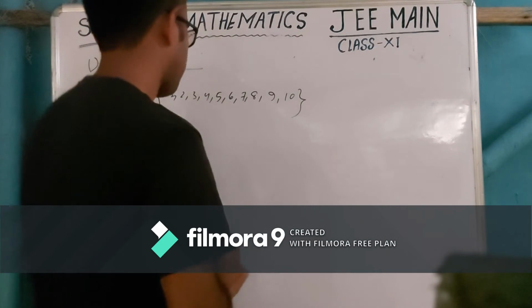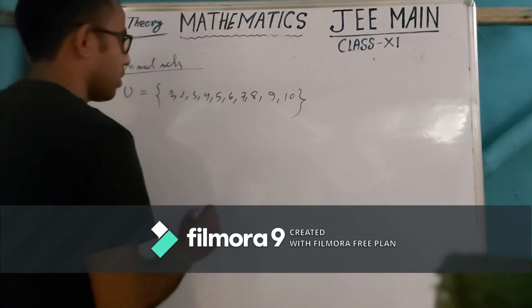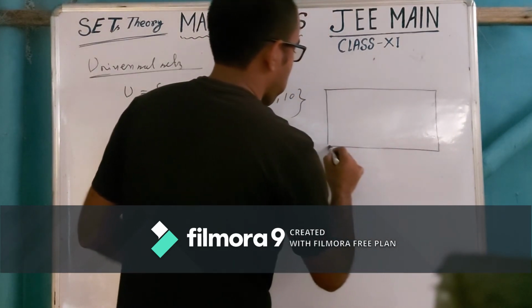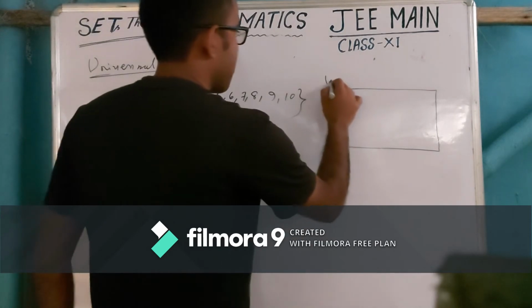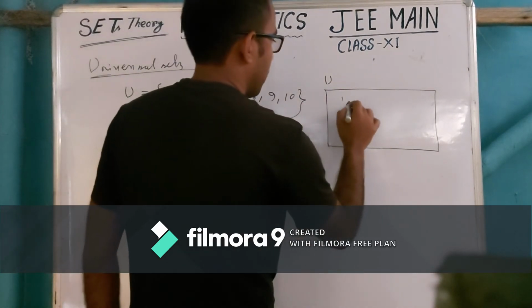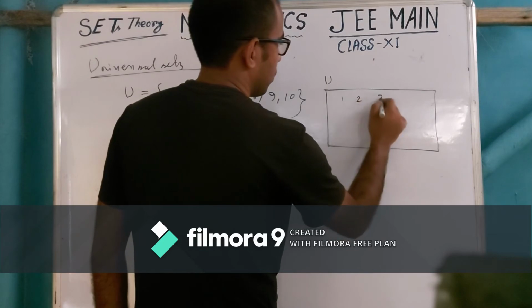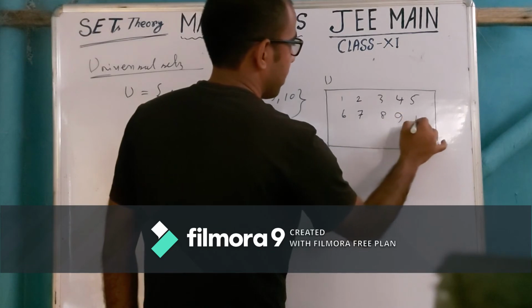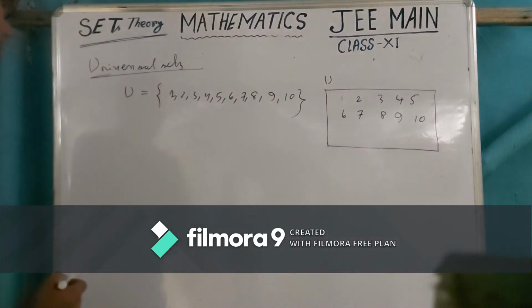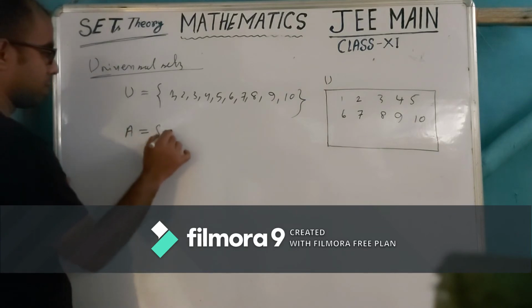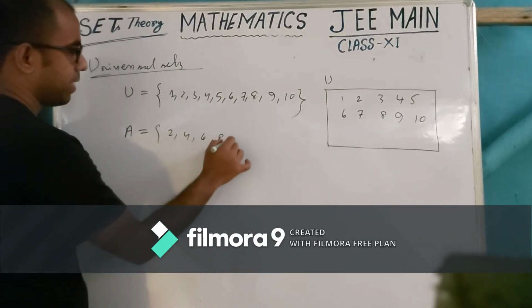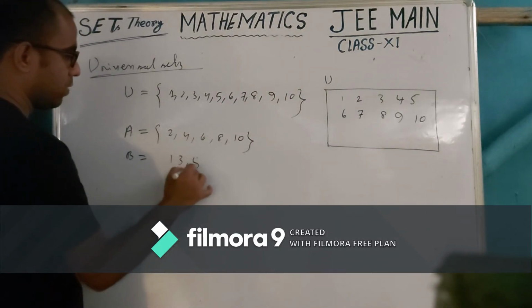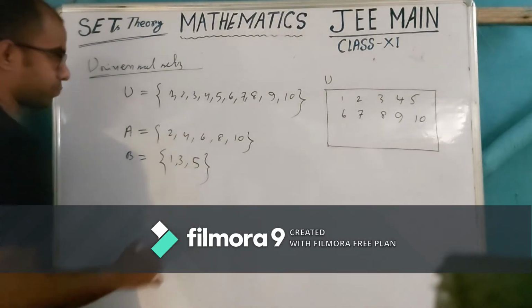So this is the Venn diagram. This is U: 1, 2, 3, 4, 5, 6, 7, 8, 9, 10.